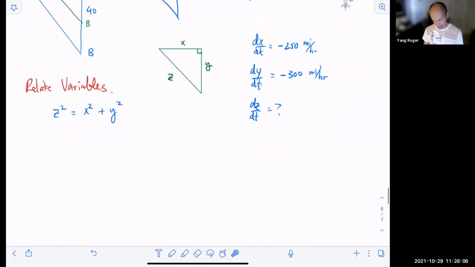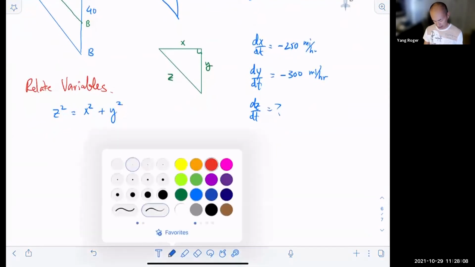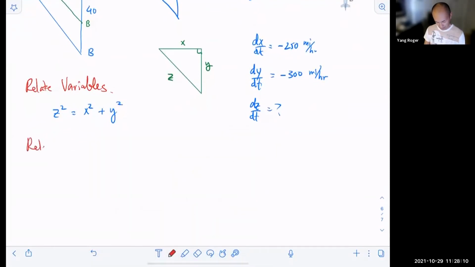Okay, next, I want to relate the rates. I've got to use implicit differentiation. Or the chain rule, it's the same thing.